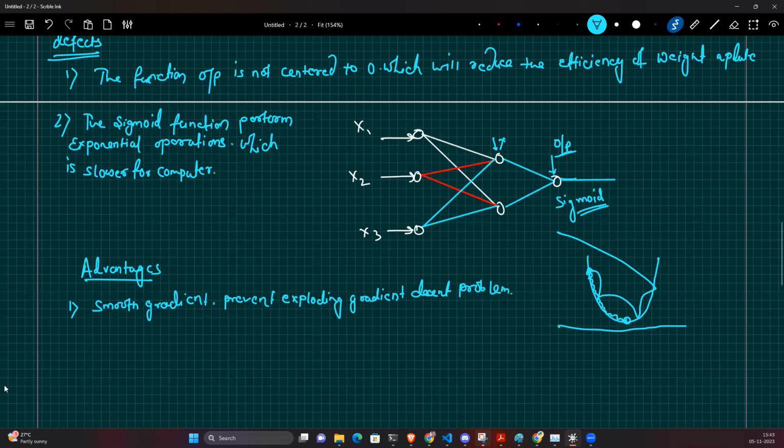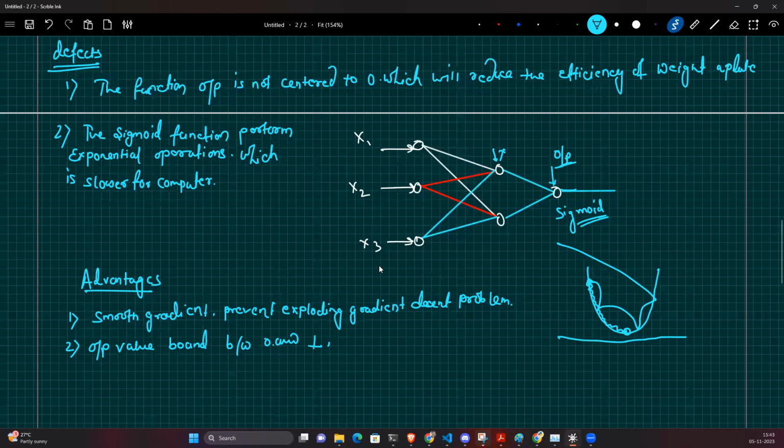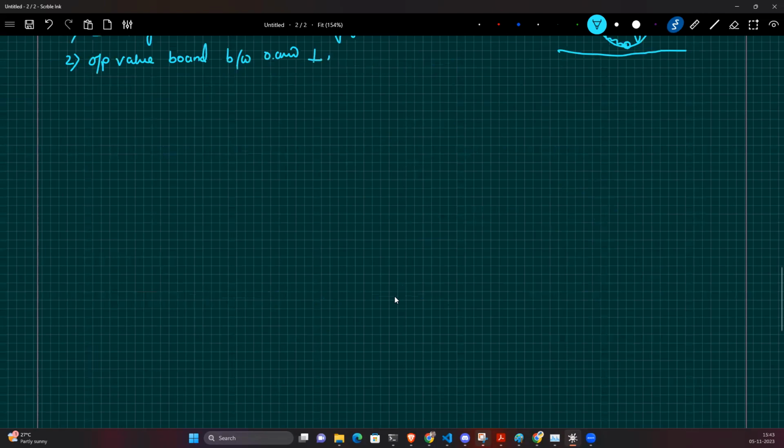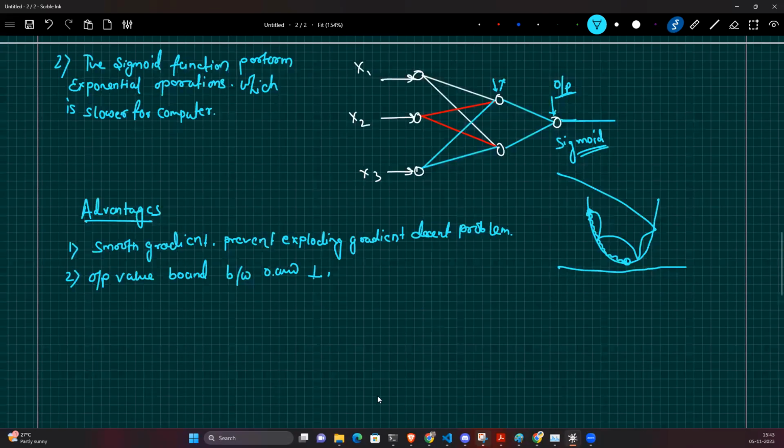Okay, nice. Number two, the output value is bound between 0 and 1. What do you mean by that? If the output value lies between 0 and 1, then normalization is not needed. Where do we have to apply standardization?